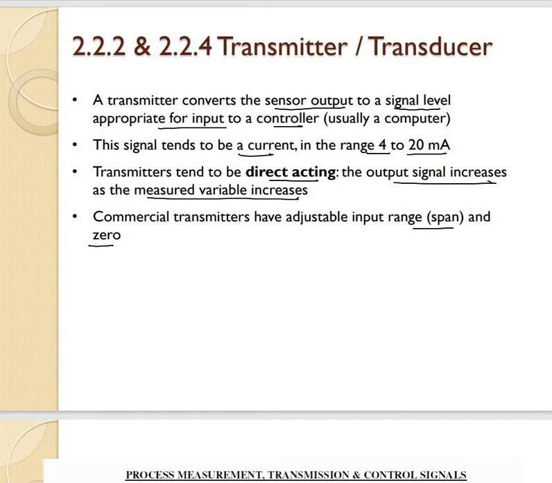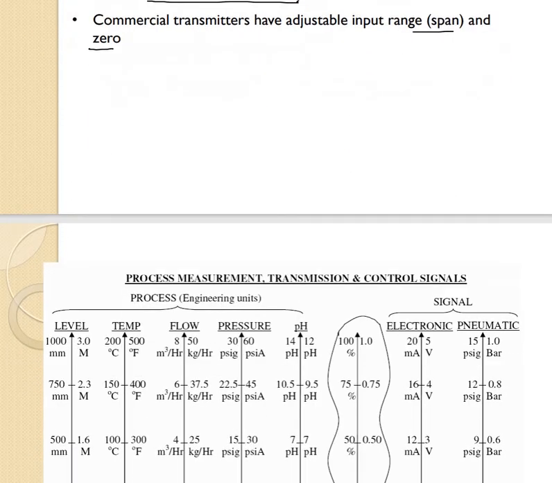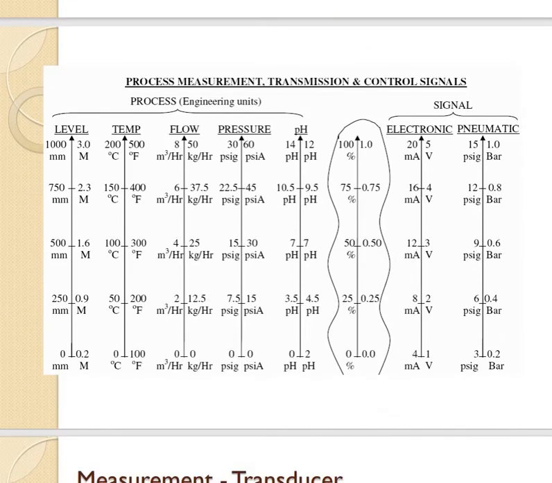Okay, so what is meant by this? Let's have a look here. This is the process measurement, transmission and control signal. Normally in a process we can see variables like level, temperature, flow, pressure and pH, right?